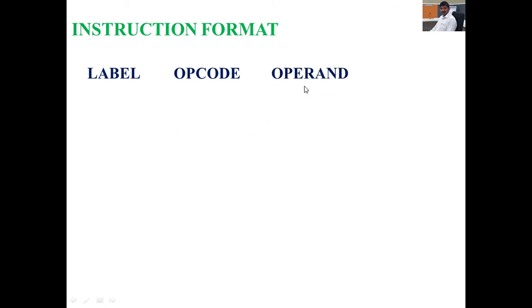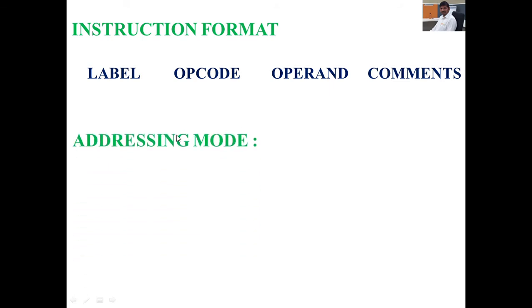Operands are used to perform the operation. You can use different registers, memory locations, and immediate values in the instruction. Comments describe the instruction, what we are doing, either moving the content from one register to another register, loading the register content, or performing the addition operation, whatever you want.